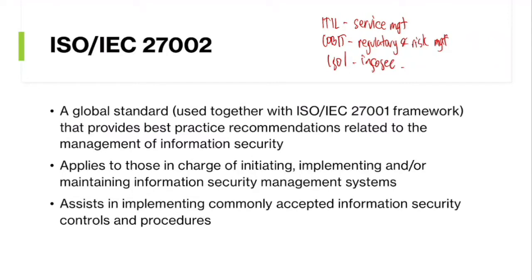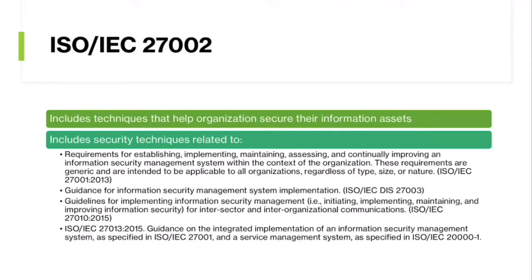information security. So this applies to those in charge of initiating, implementing, and or maintaining information security management systems. So this assists in implementing commonly accepted information security controls and procedures. So there are two parts.